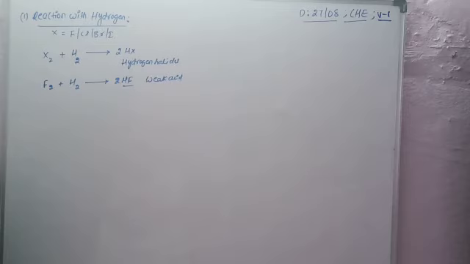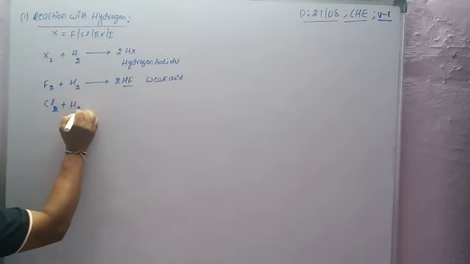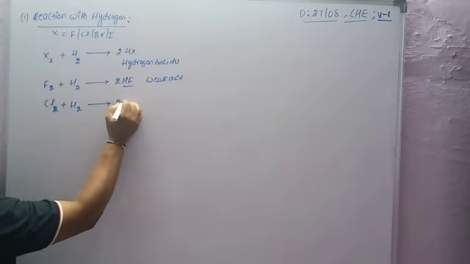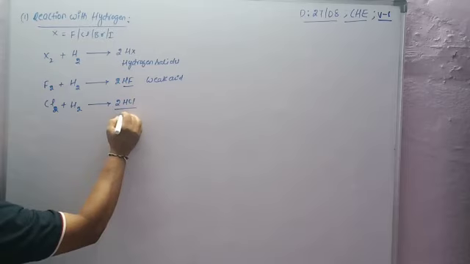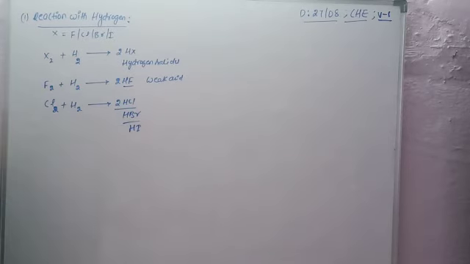Cl2 plus H2 gives 2HCl, and similarly HBr and HI. So that is the reaction with hydrogen.